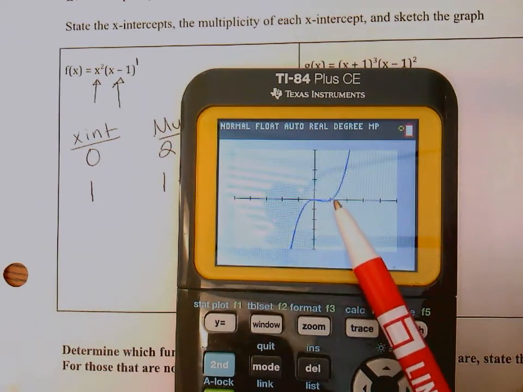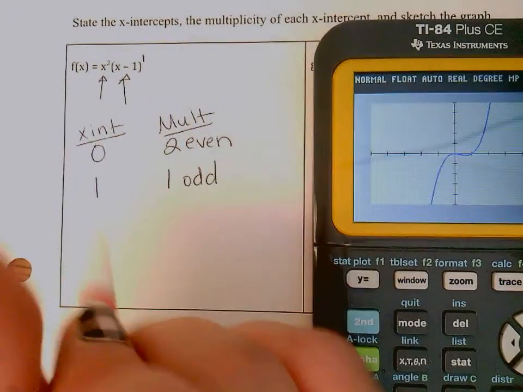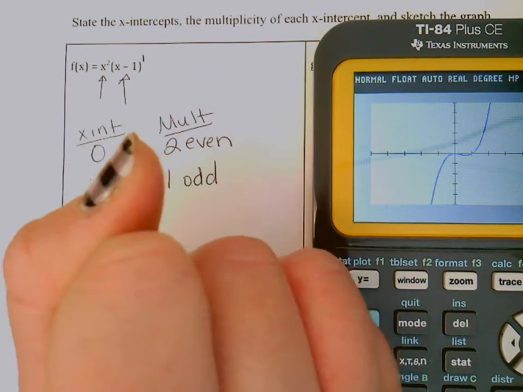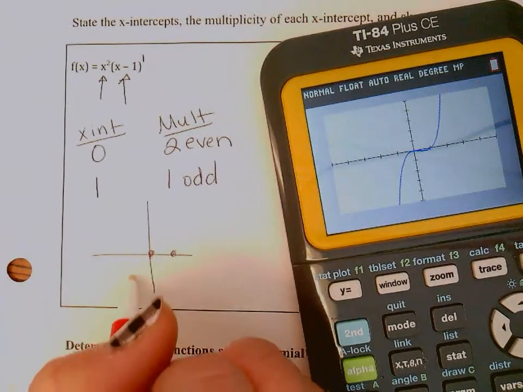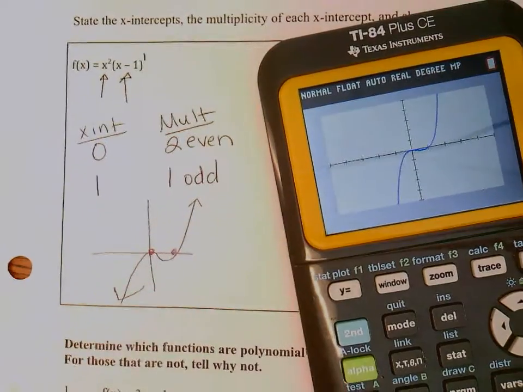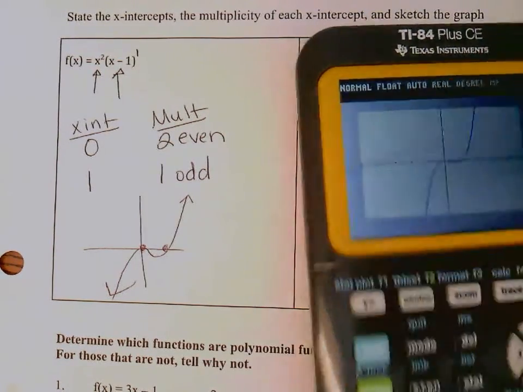It goes slightly below the axis, and then it cuts through. So if you just wanted to sketch, okay, it bounces off at 0, cuts through at 1, kind of comes up, bounces off, and then cuts through. Just so that you have a reference, because multiplicity seems to be a new idea that students struggle with a little bit if they've never seen it.